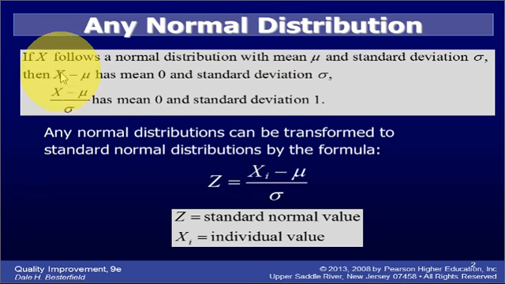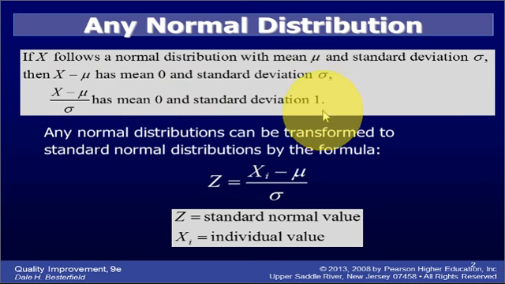Now, if you use x minus mu divided by sigma, then every data point is shrunk by sigma times, and therefore the standard deviation will be shrunk to sigma divided by sigma, which is 1. So x minus mu divided by sigma has a mean of 0 and a standard deviation of 1, right?